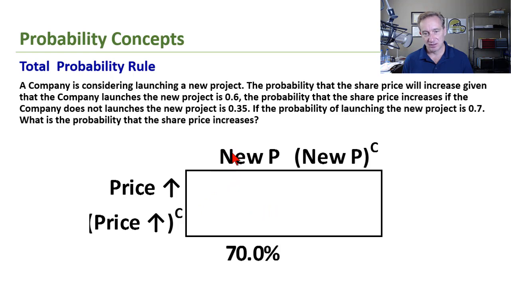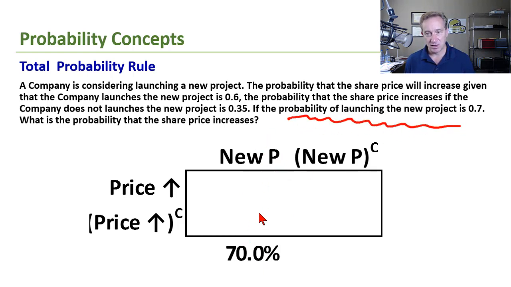Okay, and then I still think it's helpful to fit that into the probability matrix here, where now I'm saying here we have new product. Do we launch a new product versus do we not? And over here we have share price increase versus not a share price increase. And so in terms of our assumptions here, I just started here with the 70% because that's this.